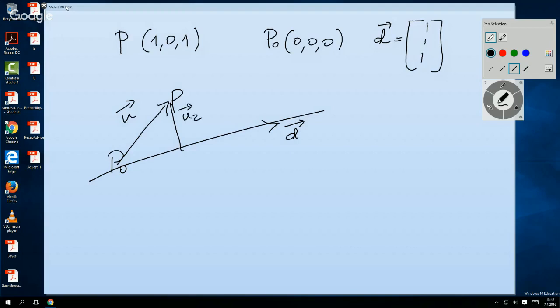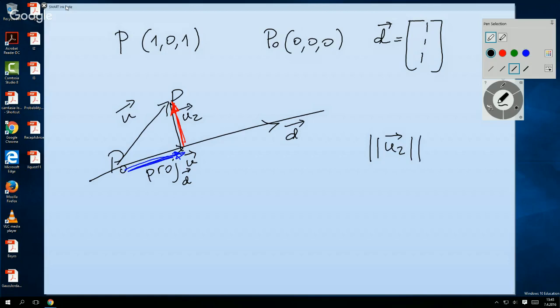And this is the projection of U on the vector D. So that's the projection. That's my U2. And the distance of P from the line is the length of U2.